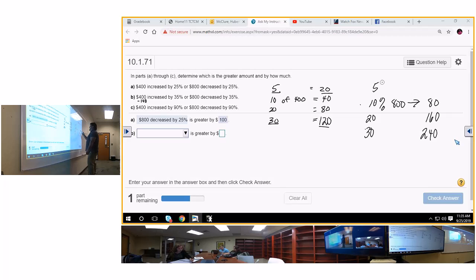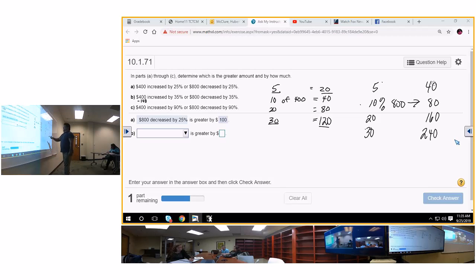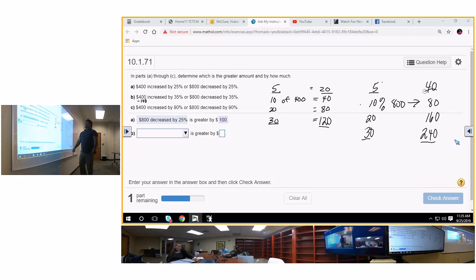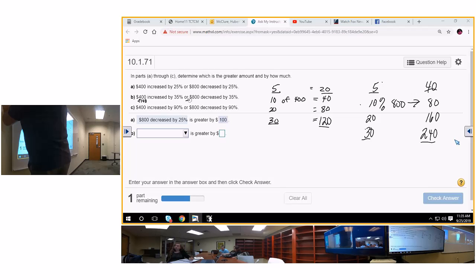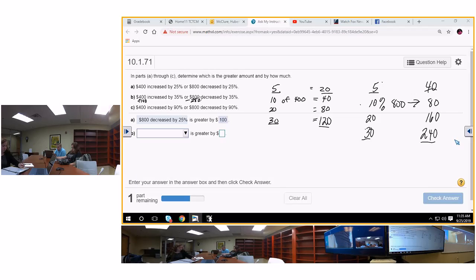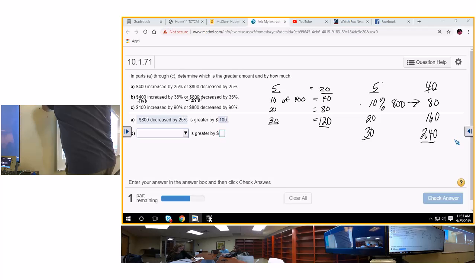What's half of 80? 40. So somebody tell me what 35 is. 280. So add that and decrease here by 280. So 540 versus what? 520.